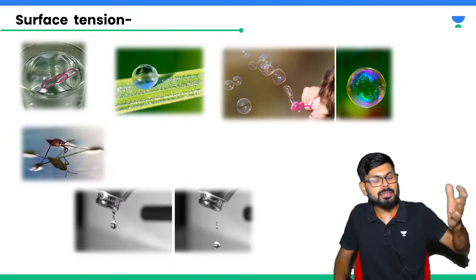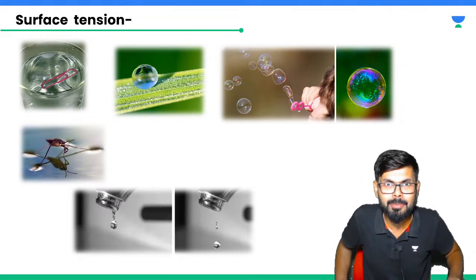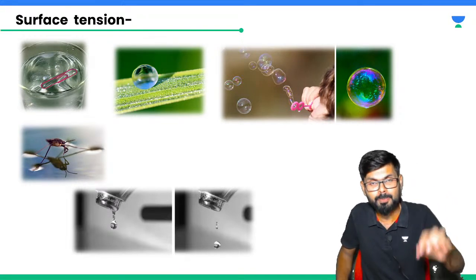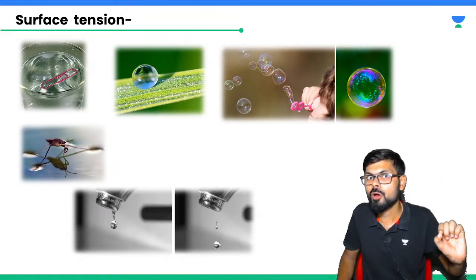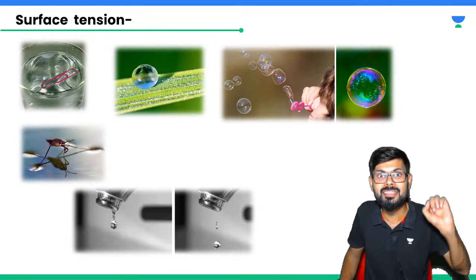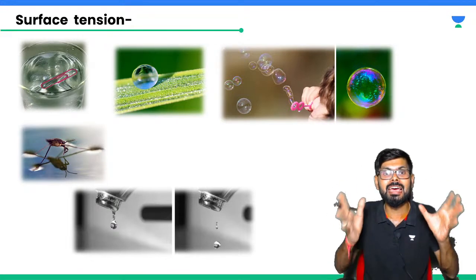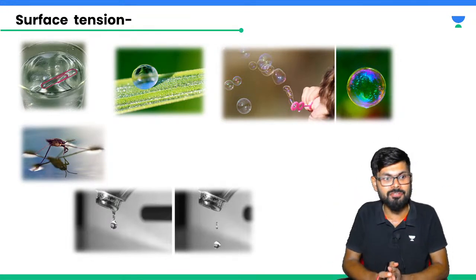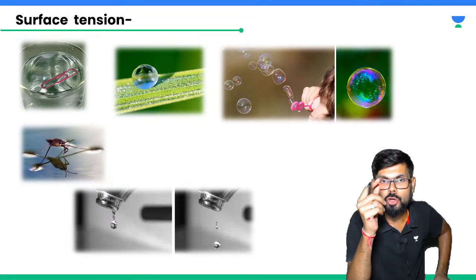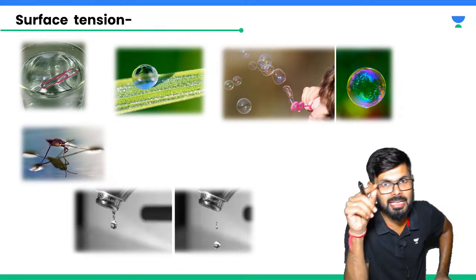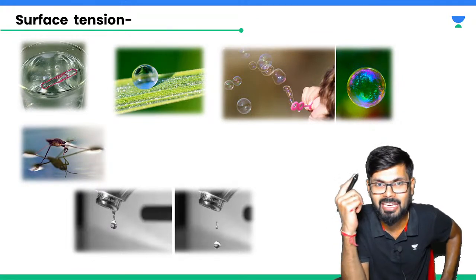You may have heard that the floating principle is given by Archimedes, but this pin is floating because the weight of the pin is so small that it can be sustained with the help of surface tension. Second thing I told you is that this droplet is going to be spherical in shape.